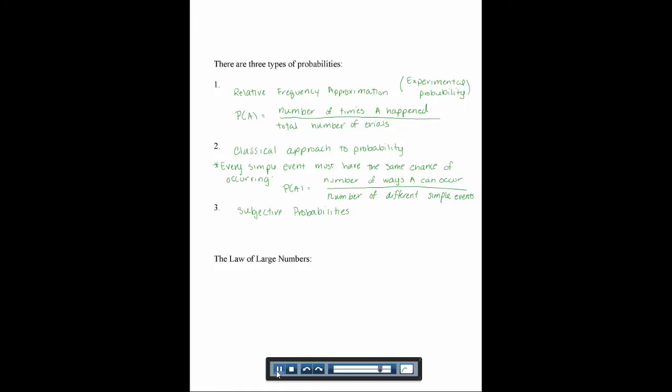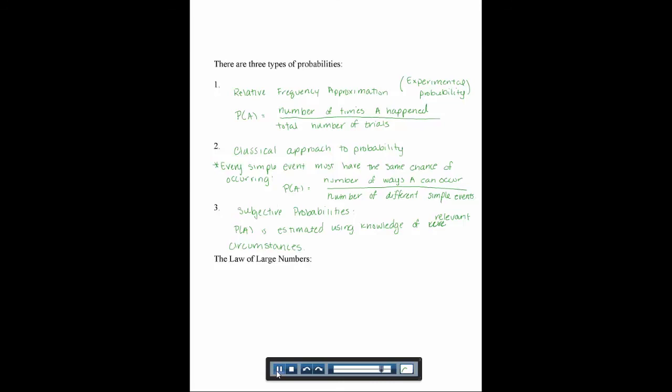And here, to find the probability of A, so P of A is estimated, we just kind of guess at it, using knowledge of relevant circumstances. So just by knowing things around it, we estimate it.